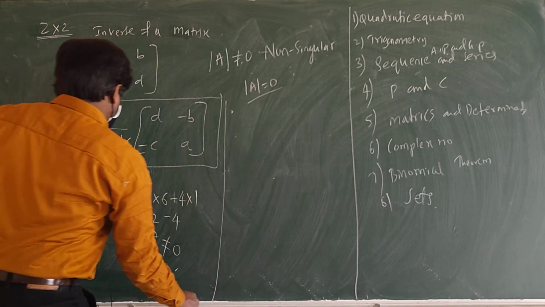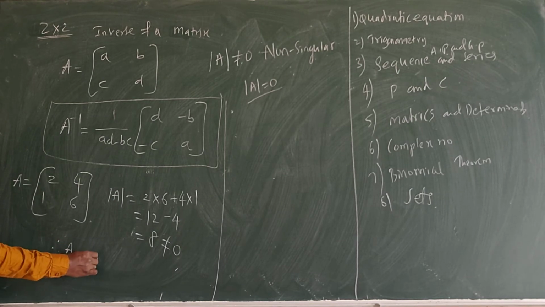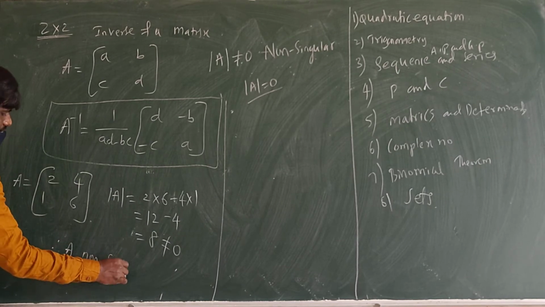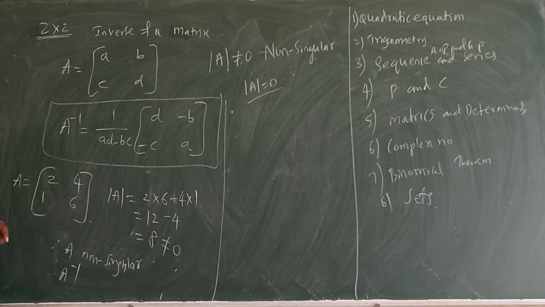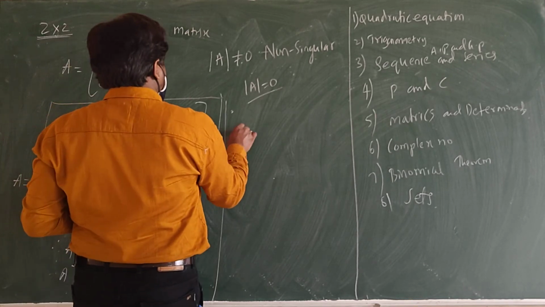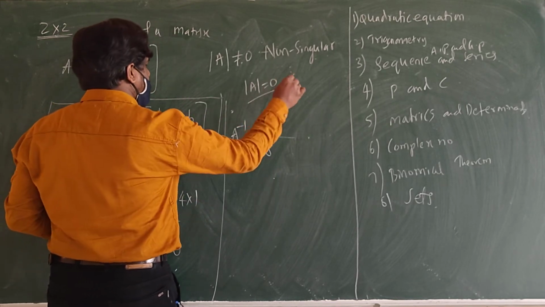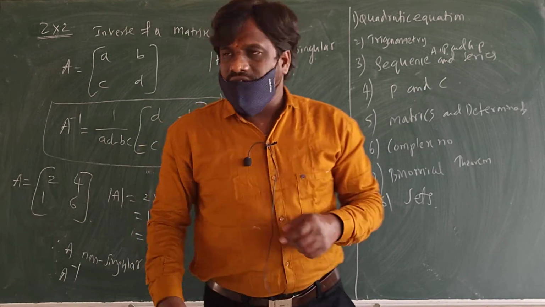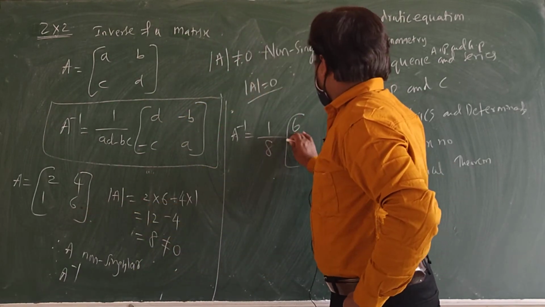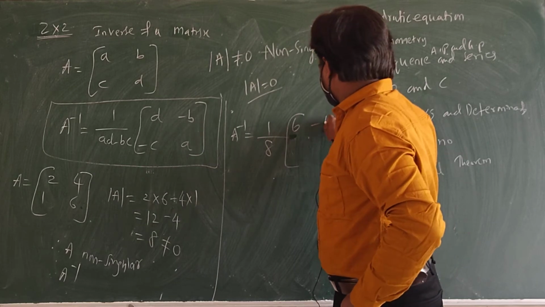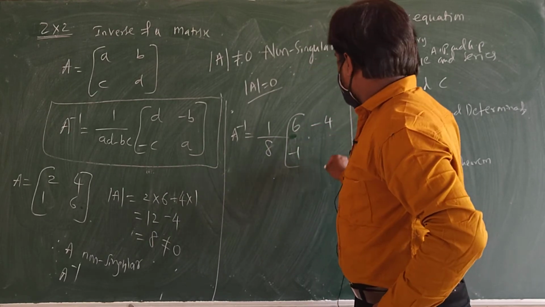If determinant is not equal to 0, therefore A is a non-singular matrix, therefore A inverse exists. We write 1 by AD minus BC, that is 8. And D is this 6. And minus B, minus 4, minus C, minus 1, A, 2.